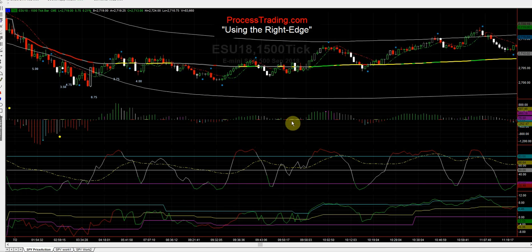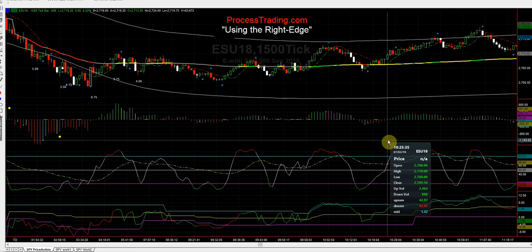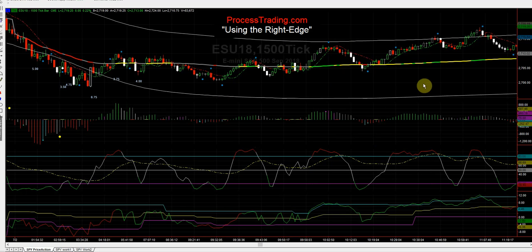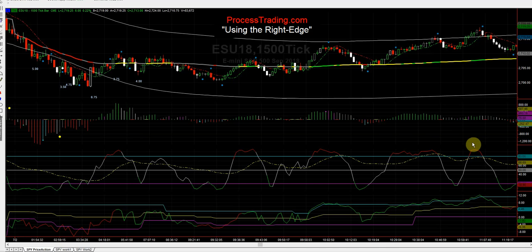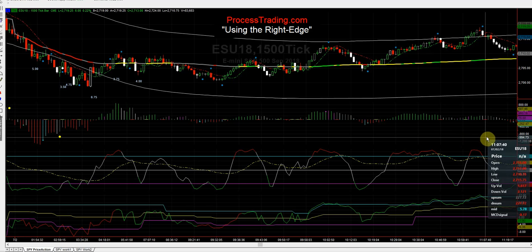Here it cuts through going up, price goes up. Here it cuts down through it, price goes down. Here it is cutting through going up, and you can see the price goes up. Here it is going down, price goes down, up, and down.